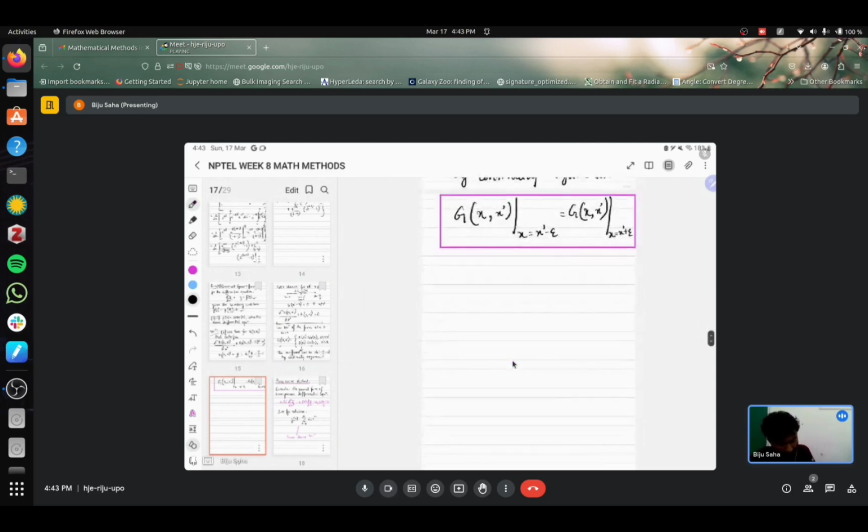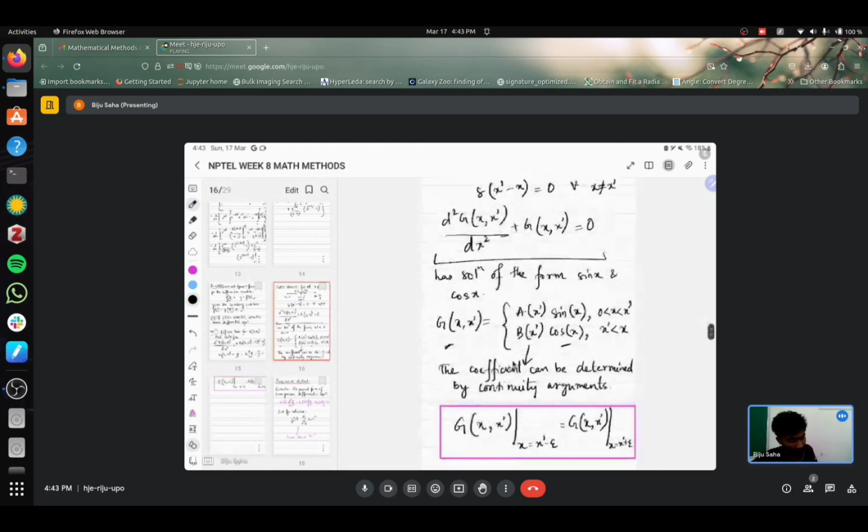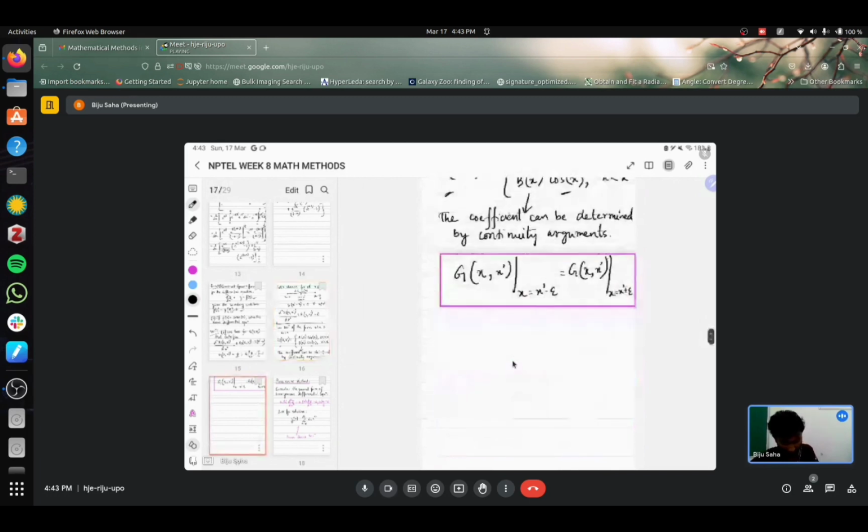Another condition: in the derivative, you get to see there is a discontinuity, so that we can prove that there is discontinuity in the first order derivative.